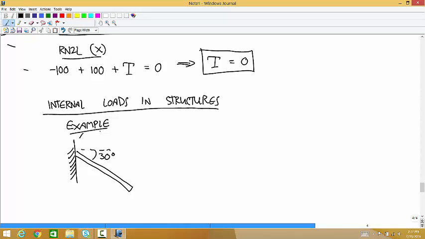Let's say the length of this beam is 0.2 meters. And let's say we have a downward force of 6,000 newtons. And we want to figure out the internal loads in this beam.